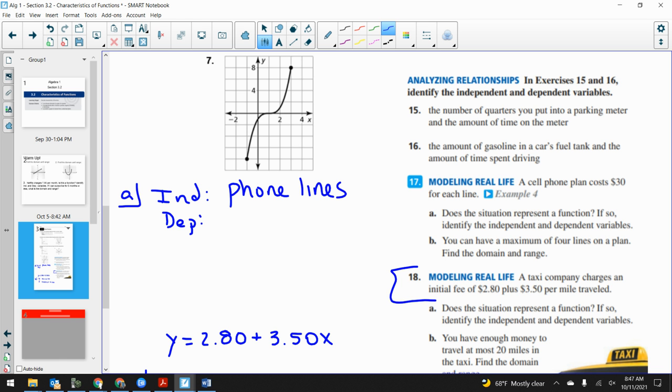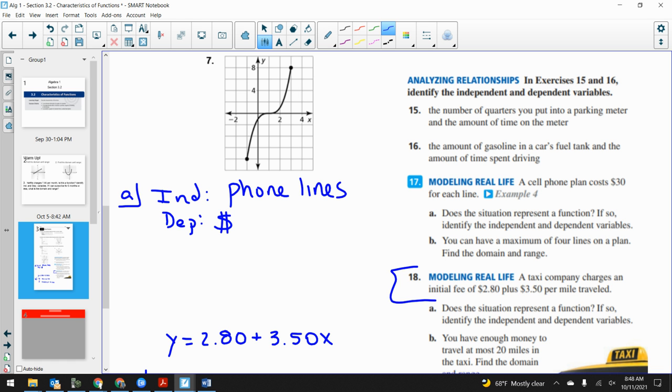I should have put amount of, always reference something numerical. Okay, if I change the amount of phone lines, what's that going to cause to change? The price. And remember, I kept saying on Friday, if there's something referencing money, something referencing cost, that's usually your dependent variable.